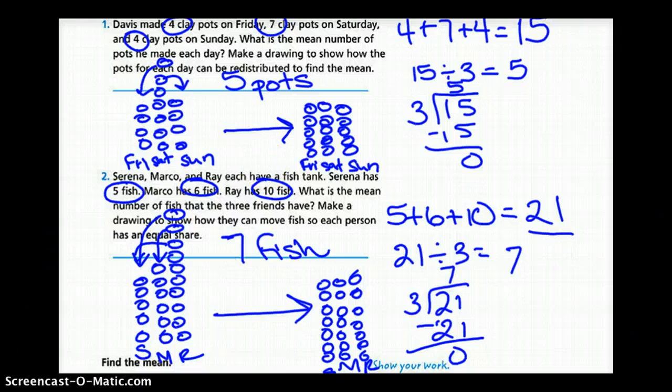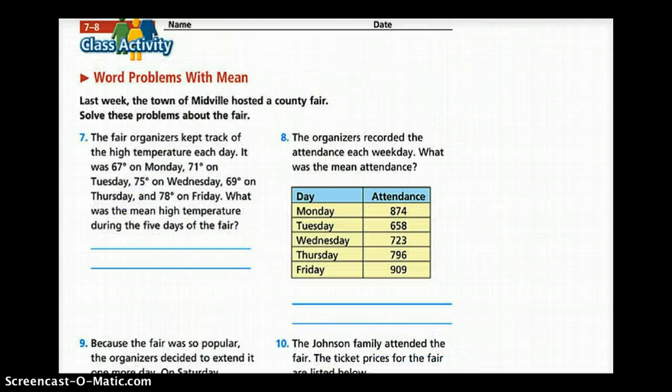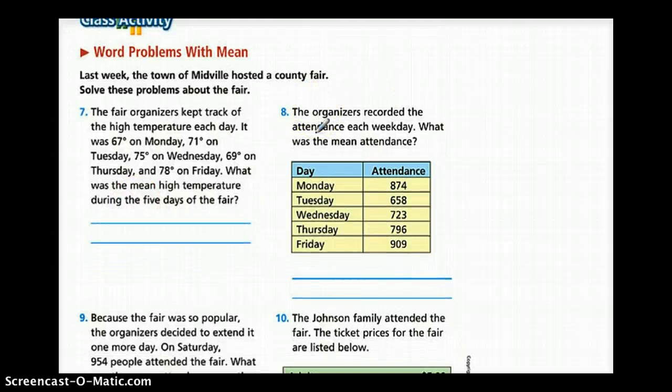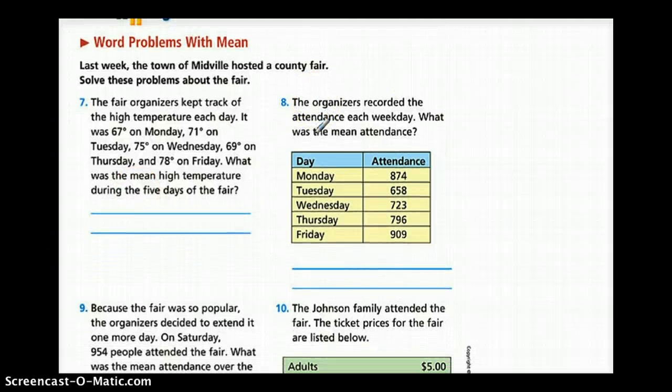Alright, moving on to the back side of this page, you are going to be solving 7, 8, 9, and 10. So number 7 says the fair organizers kept track of the high temperature each day. 67 on Monday, 71 on Tuesday, 75 on Wednesday, 69 on Thursday, 78 on Friday.